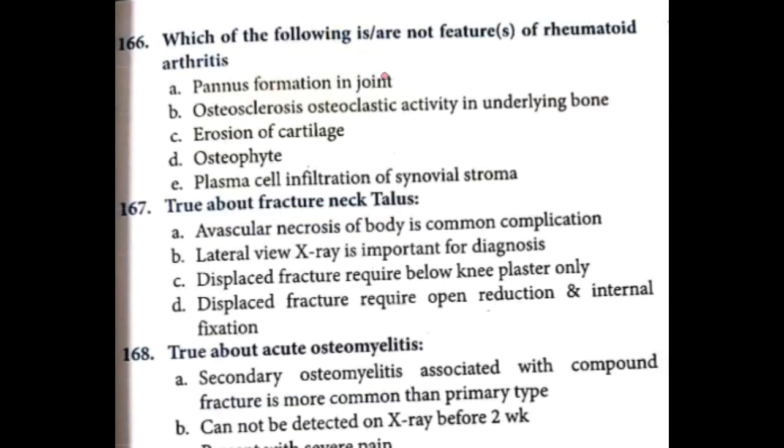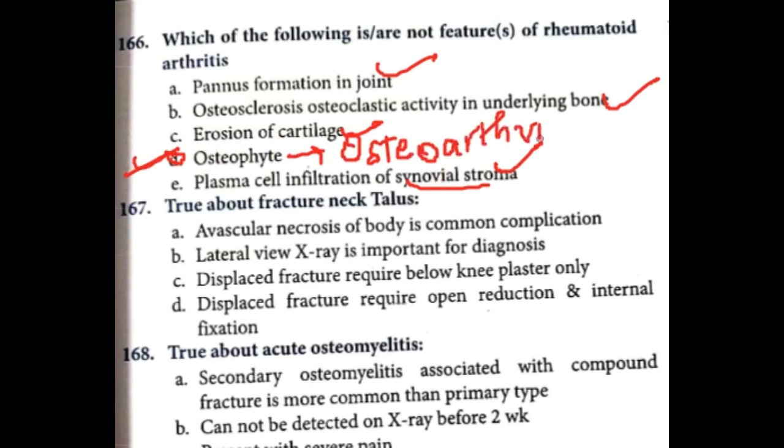Pannus formation in the joint, true. Erosion of joint occurs in rheumatoid arthritis. Osteoclastic activity in the underlying bone will occur. Plasma cell infiltration in synovial stroma, true. Osteophytes are mainly seen in osteoarthritis, not in rheumatoid arthritis.